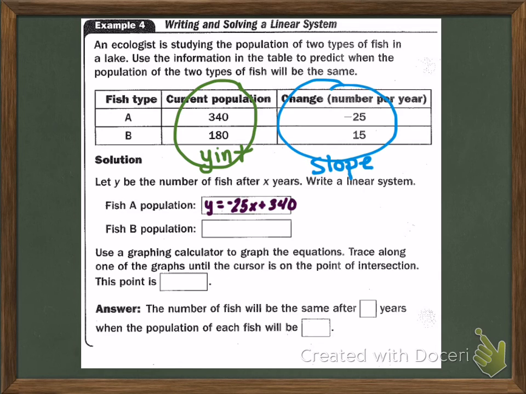For fish type B, y is equal to, and the rate of change is 15 per year, and the population starts at 180. We're looking at the meeting point, so we want to solve the system. Now it says to use a graphing calculator to graph the equations. We'll take a look at this together when we go over our notes in class.